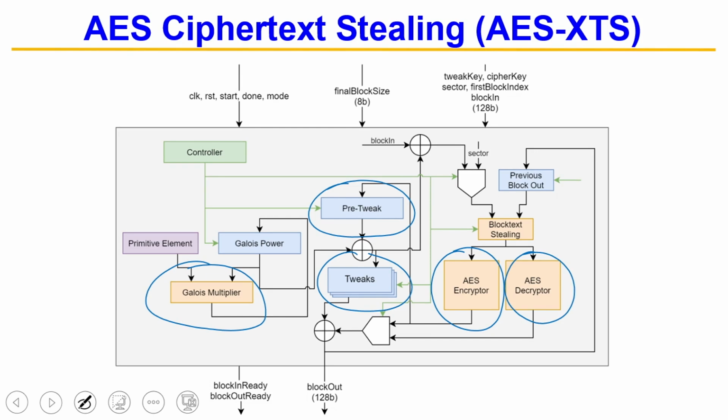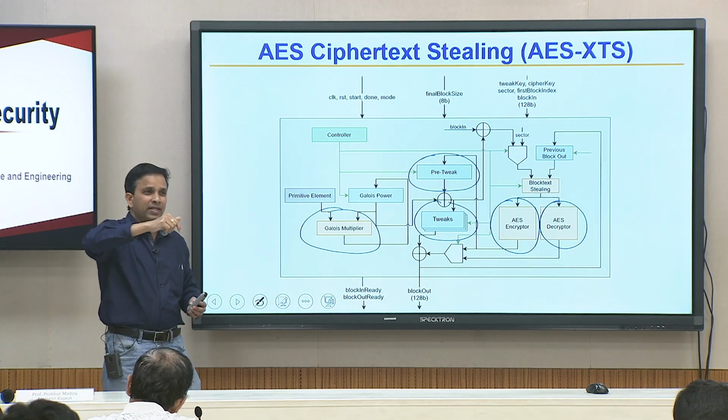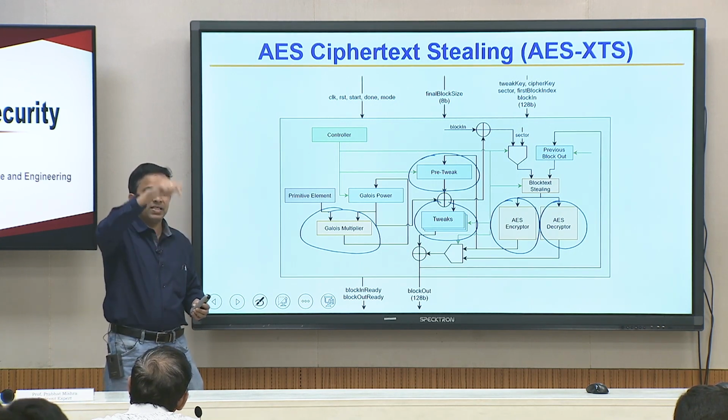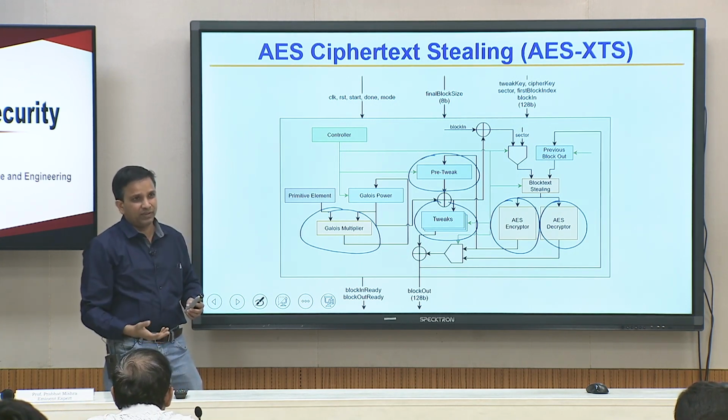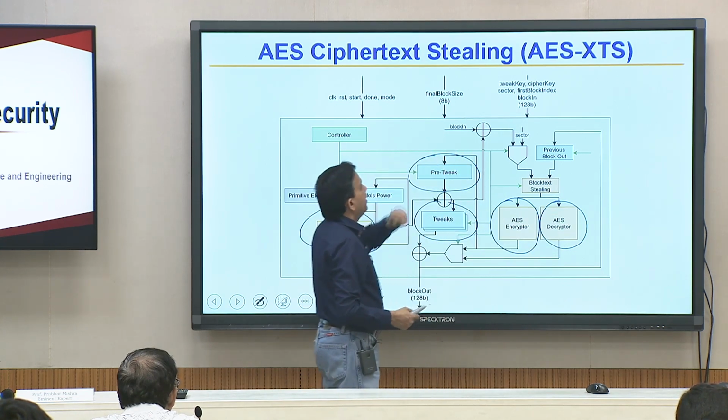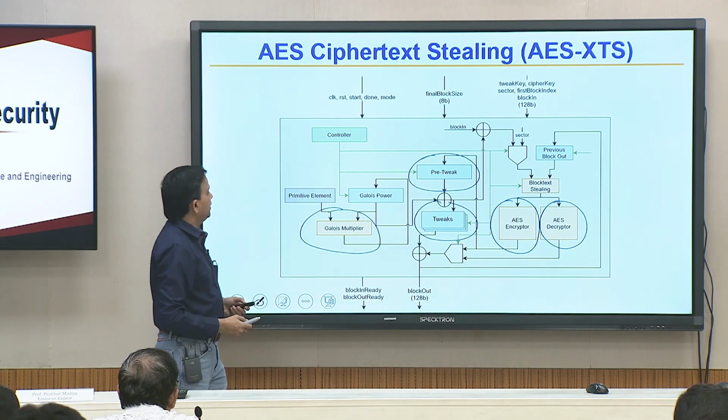In the previous implementation, the same computation is inverted. You give the ciphertext and the key, it will produce the original message. You give the message and key, it will produce the ciphertext. But here there is a separate encryption and decryption logic, and this is basically cycle stealing.